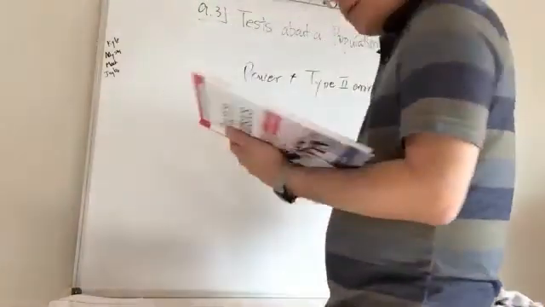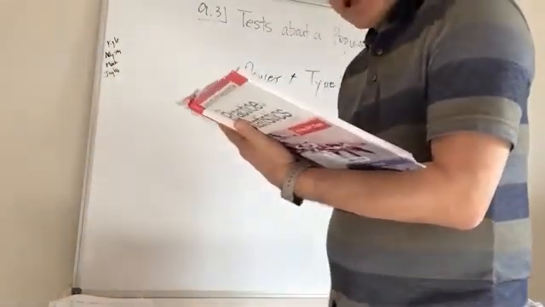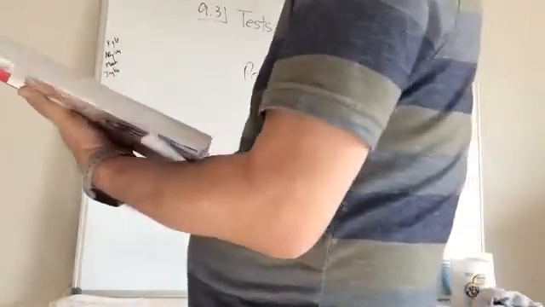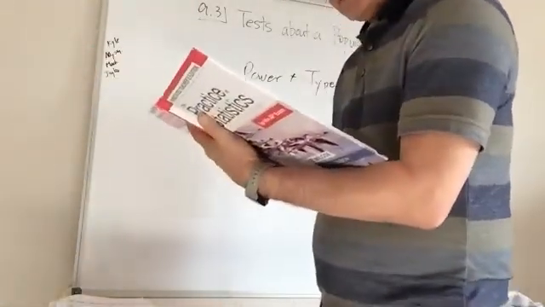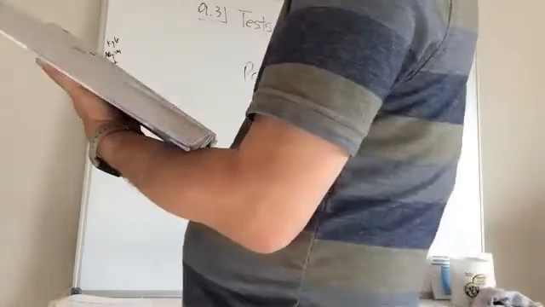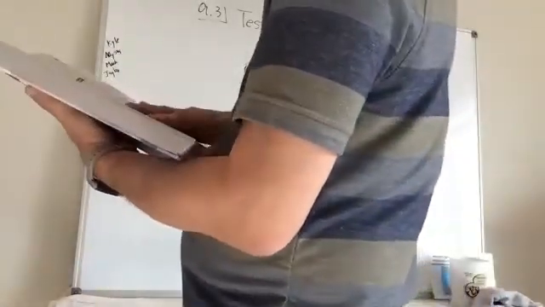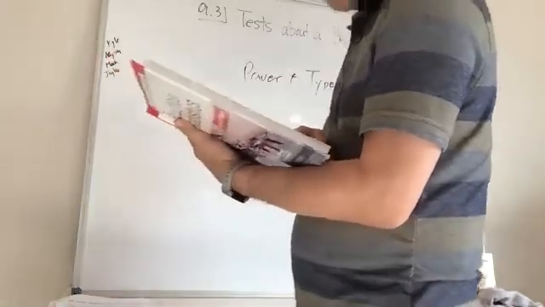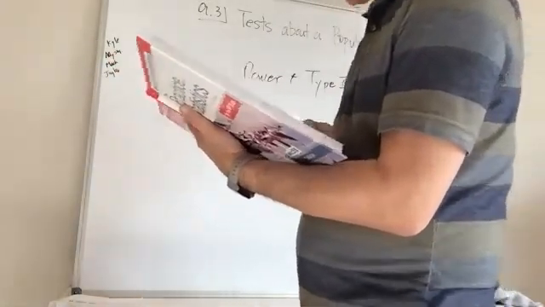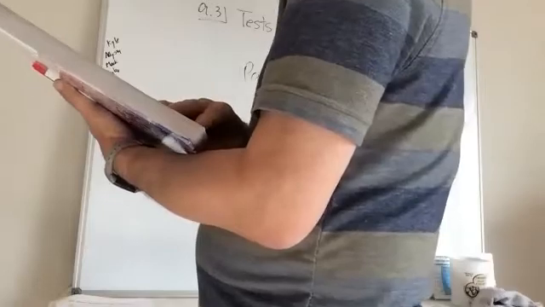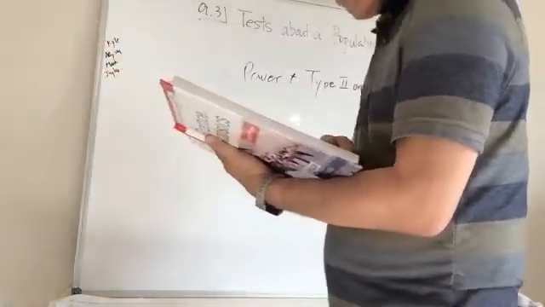If you go to the example on page 598, it says, can we tell if the new batteries last longer? Let's return one last time to the company that developed a new deluxe AAA battery that is supposed to last longer than its regular AAA battery. Based on years of experience, the company's regular AAA batteries last for 30 hours.